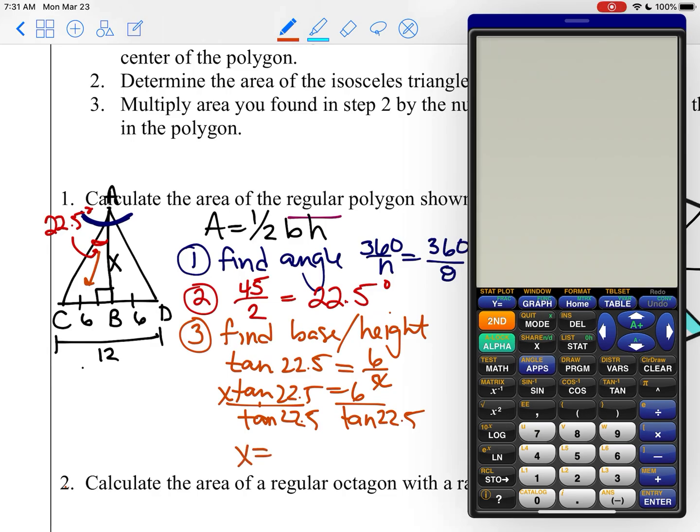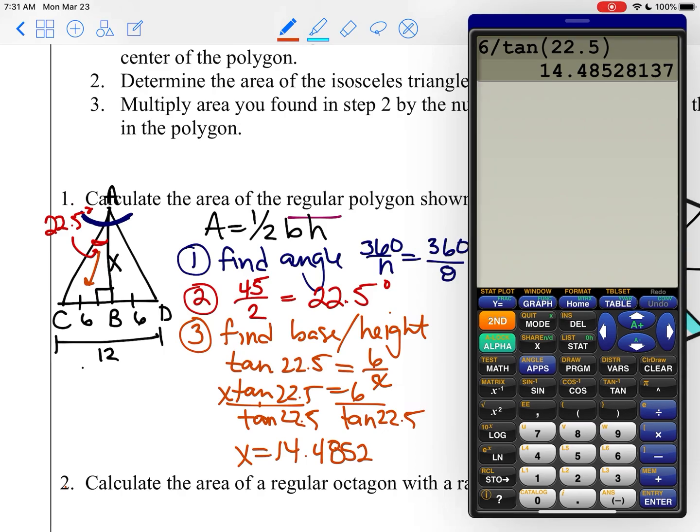And I get x equals 6 divided by tangent of 22.5, and that's 14.4852. So that's the height of our triangle.